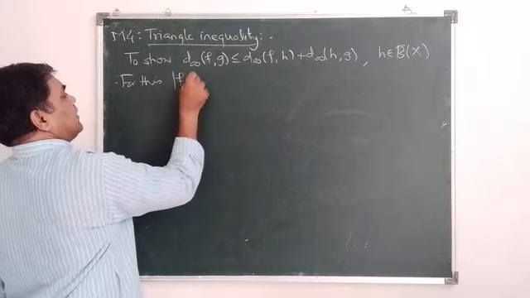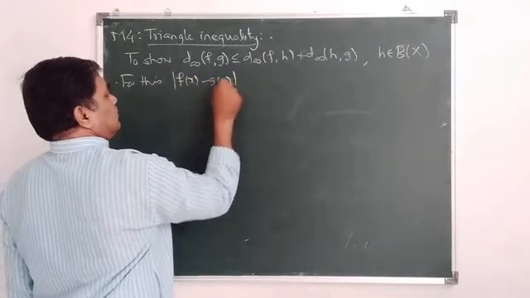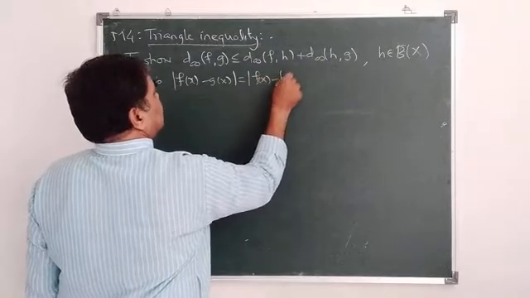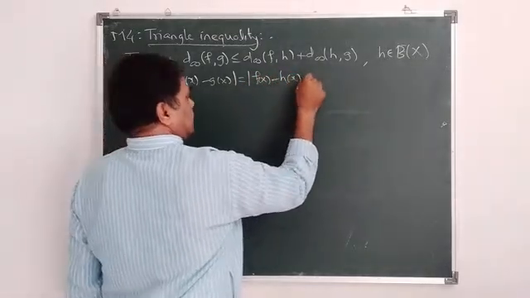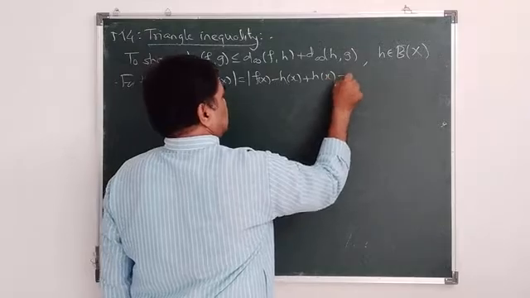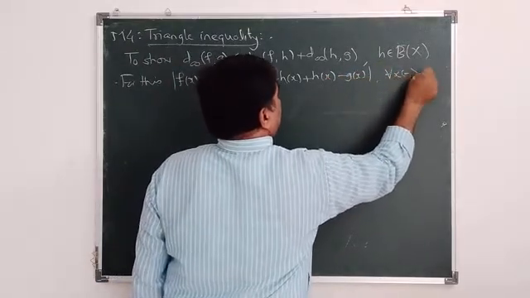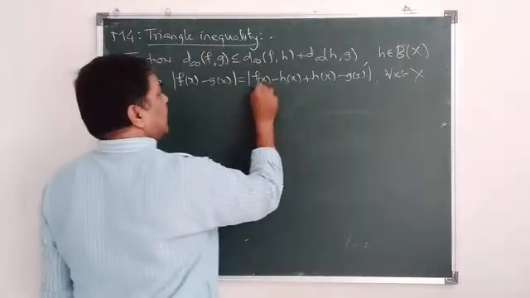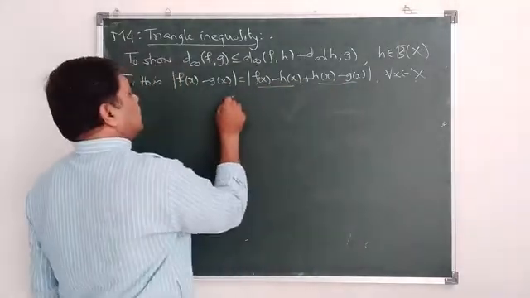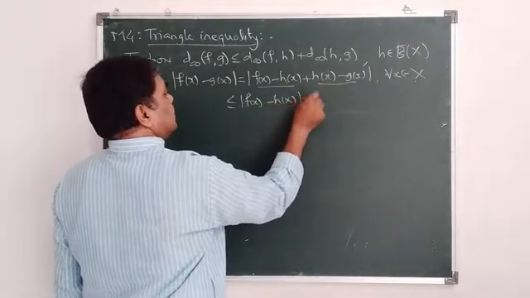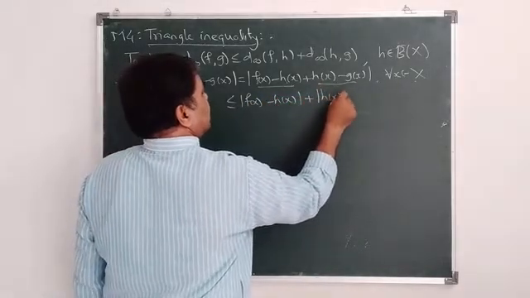mod of fx minus gx is equal to mod fx minus hx plus hx minus gx for any x belongs to X. Then by triangle inequality, this is less equal mod fx minus hx plus mod hx minus gx.